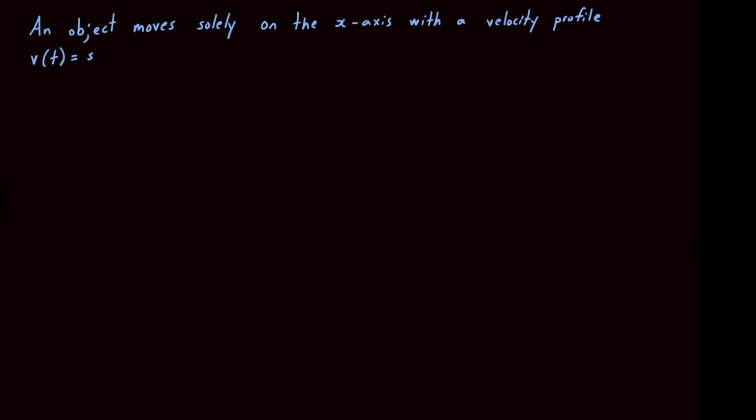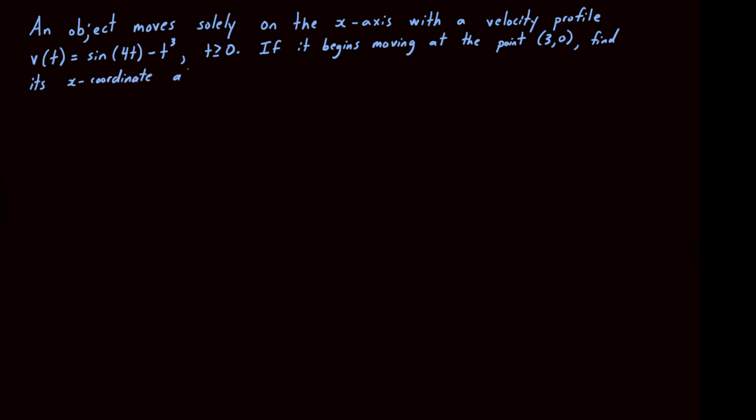Let's let the velocity be a trig function with some polynomial tossed in at the end. Suppose also that this object begins moving at the point (3, 0). With that in mind, what is the x-coordinate of this object at the instant t equals pi over 4?